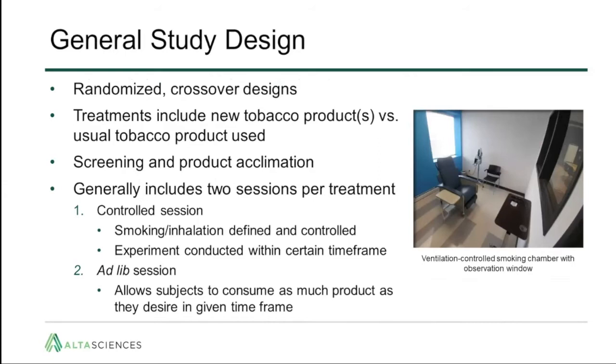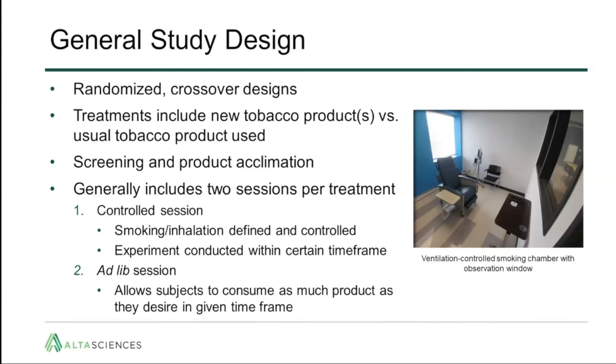For a general study design of abuse potential, and this is typically done in subjects that have tobacco experience, these are randomized crossover designs. Treatments include new tobacco products versus the usual tobacco product that's used by the subject. The study will include a screening period in which subjects are screened and selected for their suitability and eligibility for the study. And there's also a product acclimatization period.